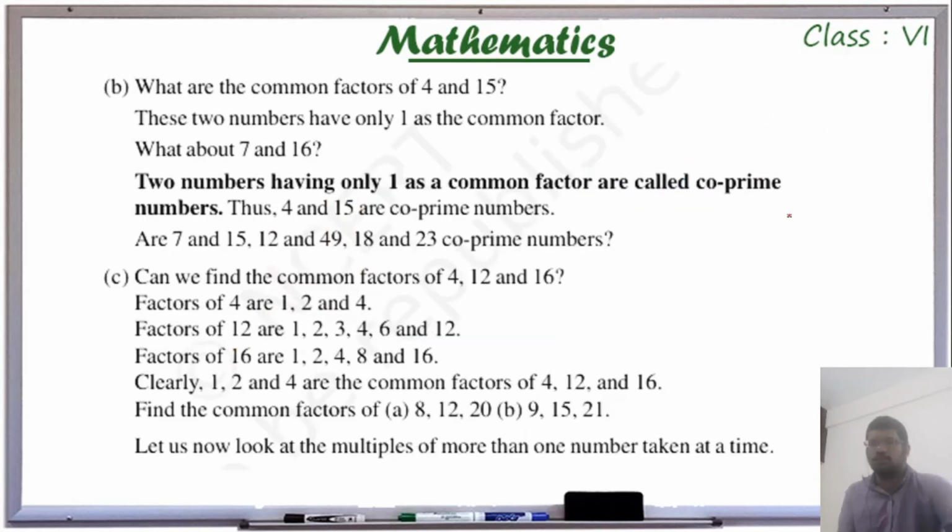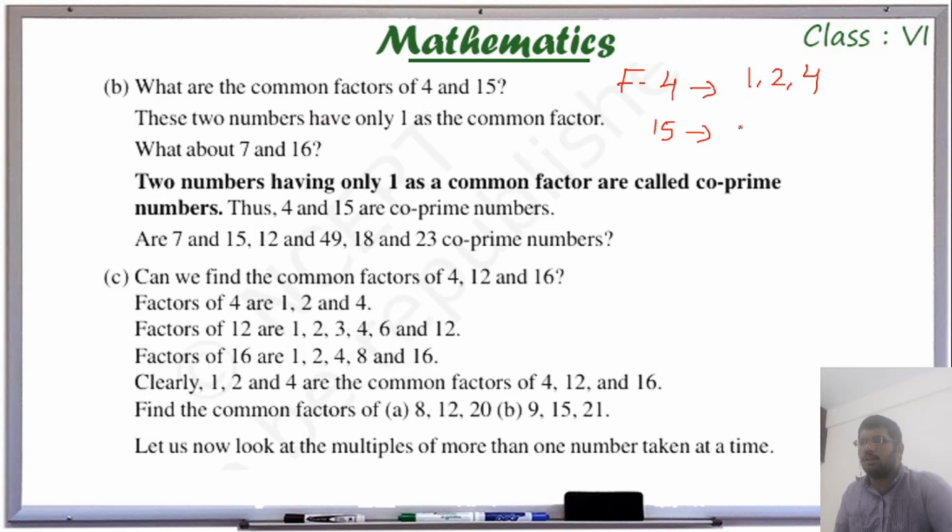Coming to the next question, read this question. What are the common factors of 4 and 15? I have to find the factors of 4 and 15. The factors of 4 are 1, 2 and 4, and the factors of 15 are 1, 3, 5 and 15. So the only common factor here is 1.